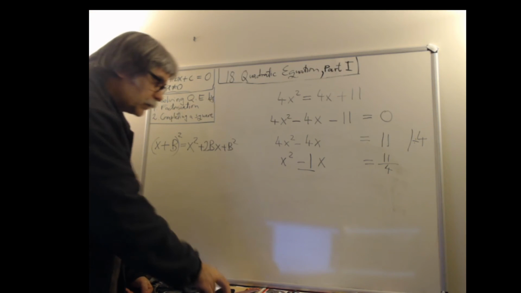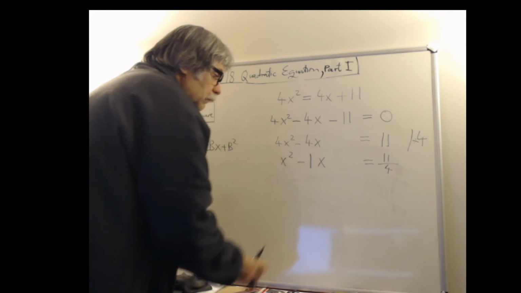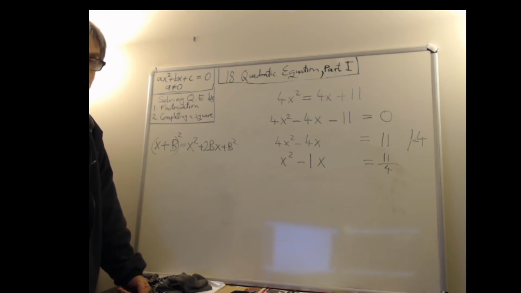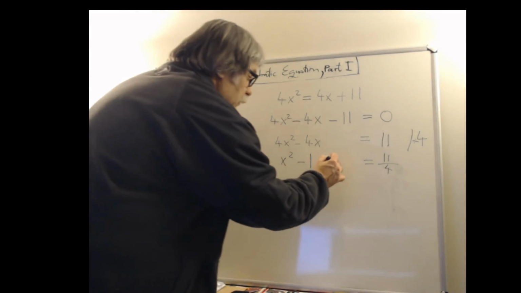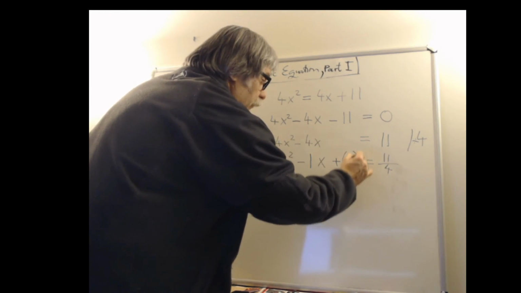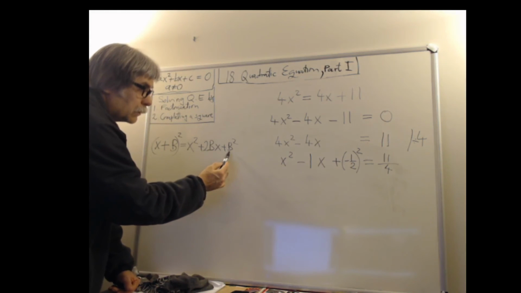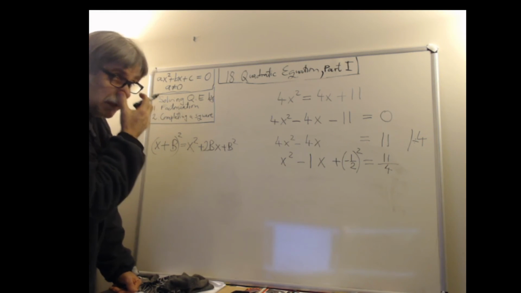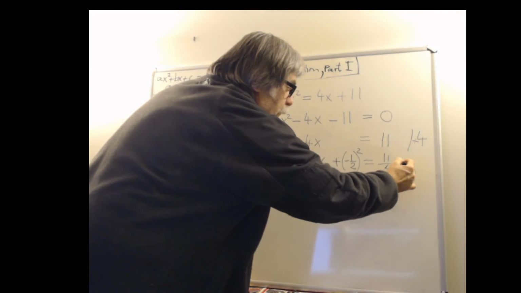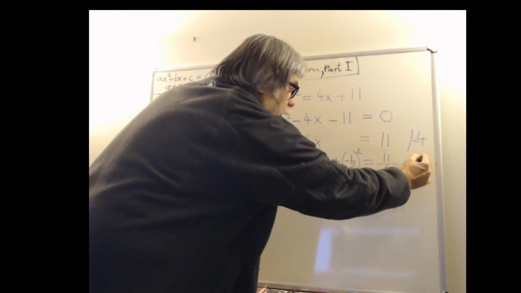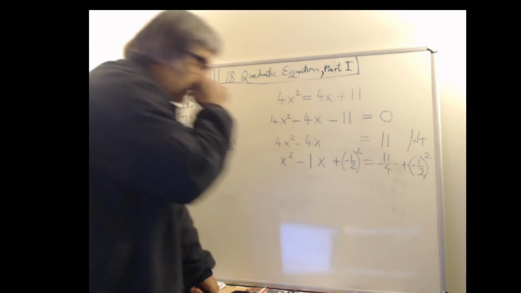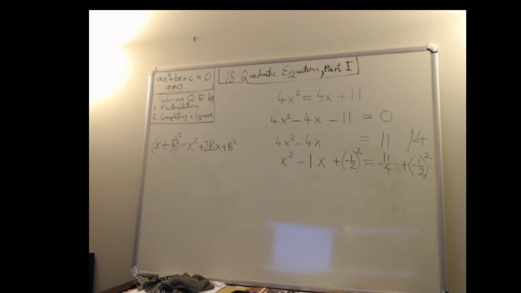So you just basically need to make a half of whatever you have here. And there's your b, negative 1/2. That must be added, but not just negative 1/2. You need to square it and add it. b squared. So your b is negative 1/2. And you also have to do it to the other side, because you want to keep an equivalent equation, right? You're adding the same number to both sides.